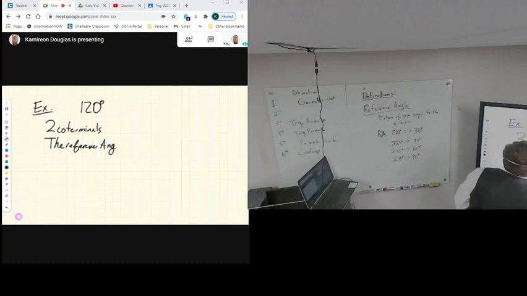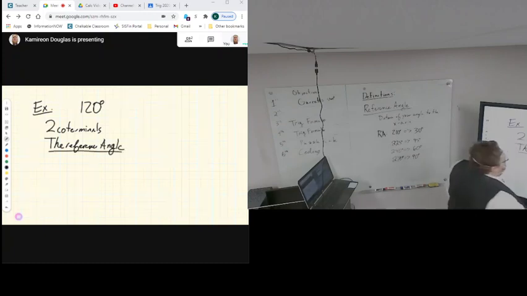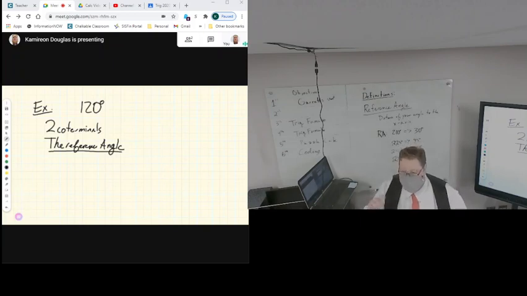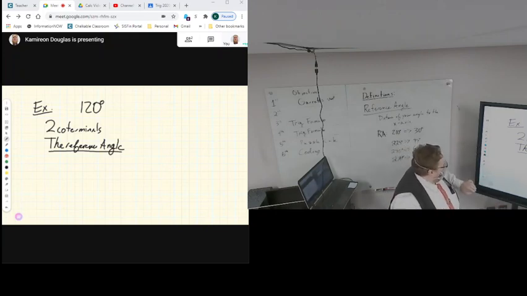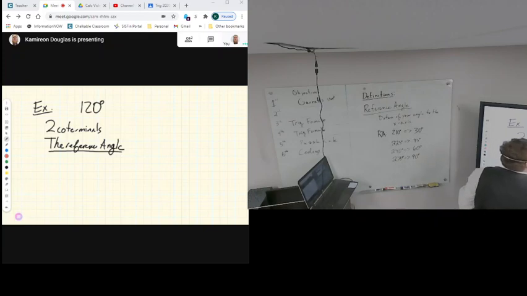You can have a long list of coterminals, but there's only one reference. There can be only one Highlander. Now, as a reminder, to find the 2 coterminals, you need to either add or subtract 360. For the reference angle, this is a concept. It is the closest angle to the x-axis.